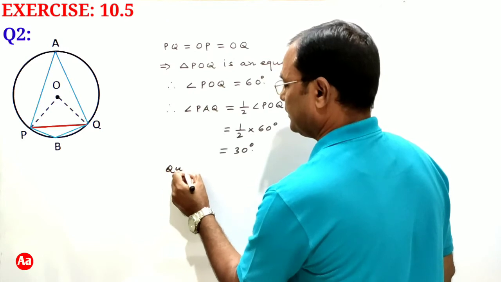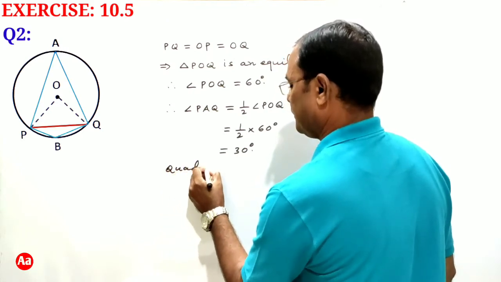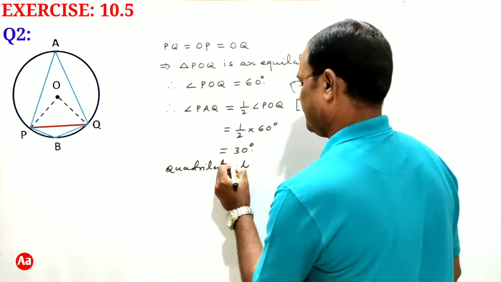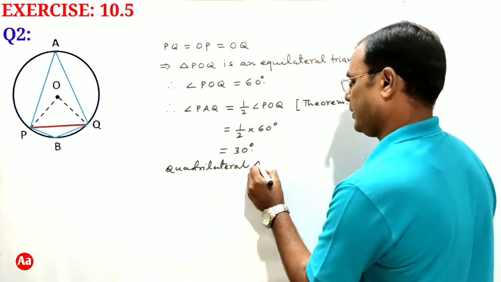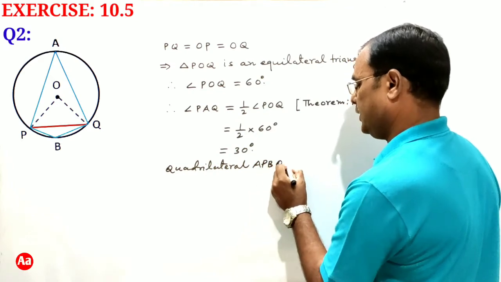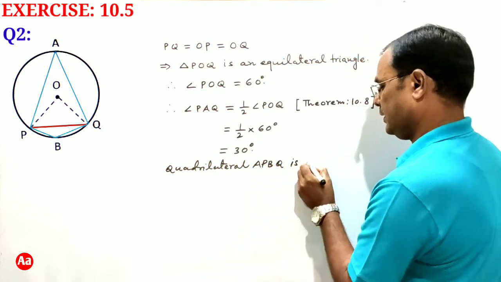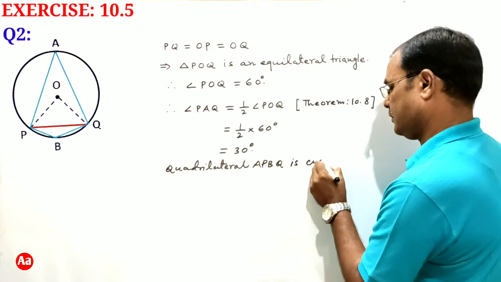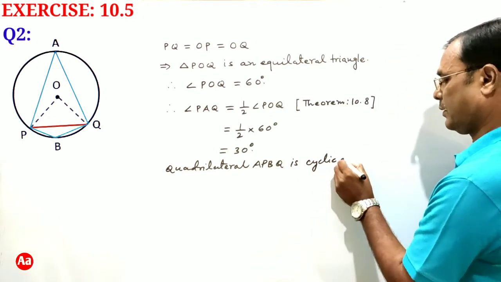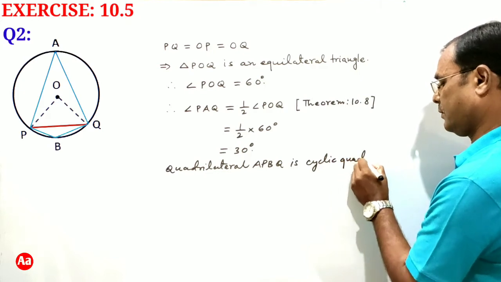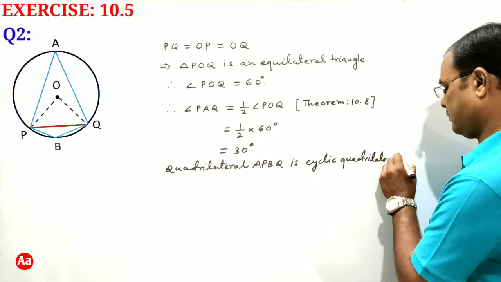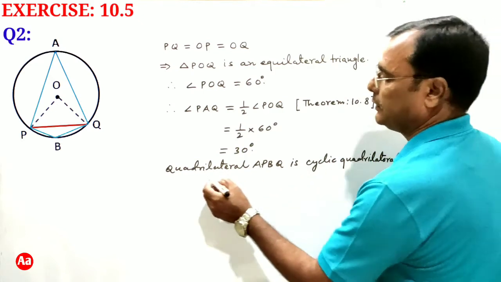Quadrilateral APBQ is a cyclic quadrilateral.